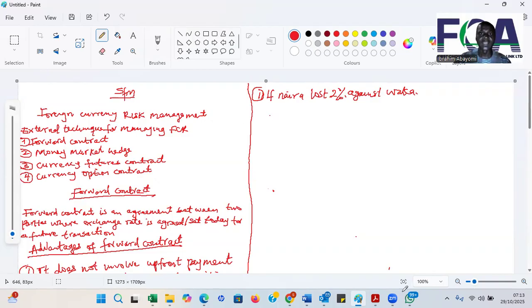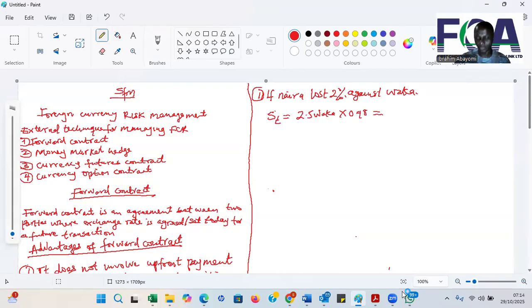So in that case, our spot rate will be 2.5 Waka multiplied by 0.98.